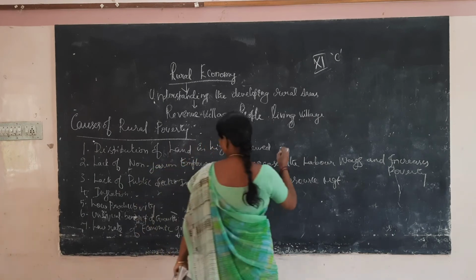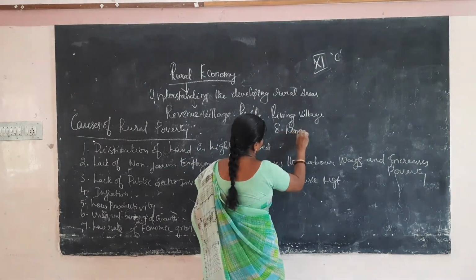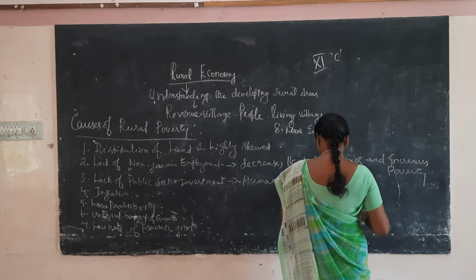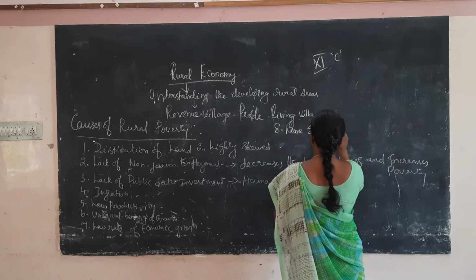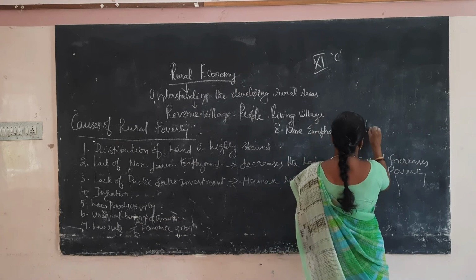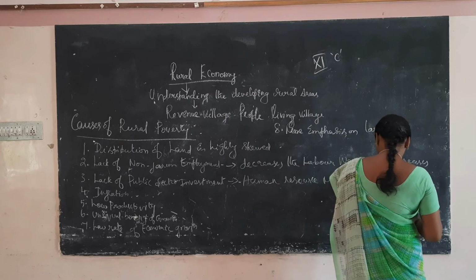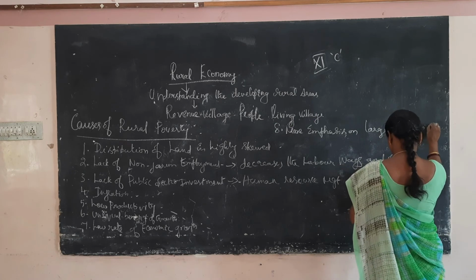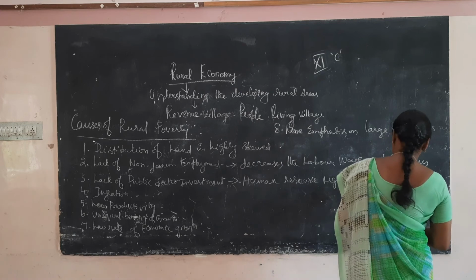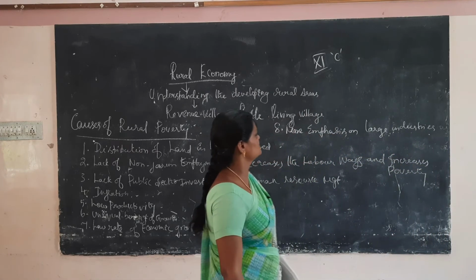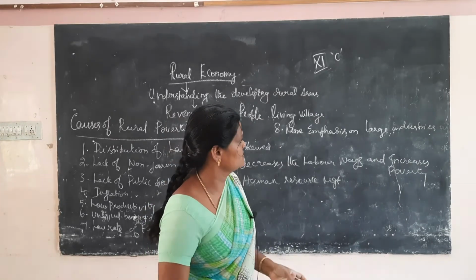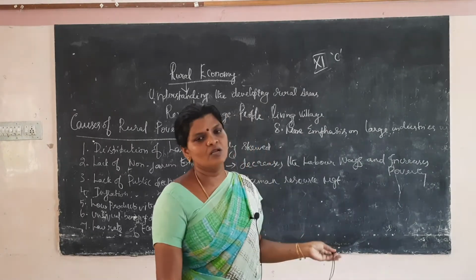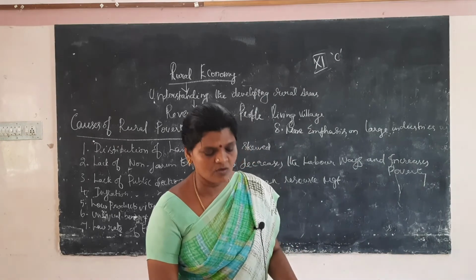Here, the business people invest in large industries and they recruit urban area people for employment, and the rural people cannot get employment, so they are under poverty.